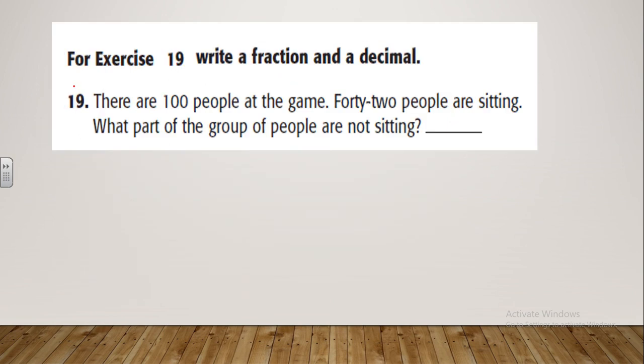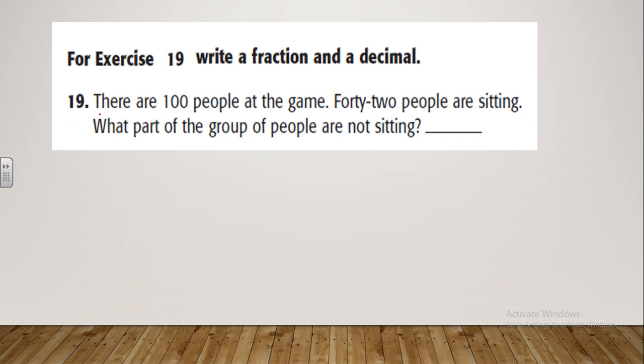Let's see this question. He told you that for exercise 19, write a fraction and decimal. So here he wants you to represent this word problem in two ways. You will write it as a fraction and as a decimal. Okay, let's read it together.